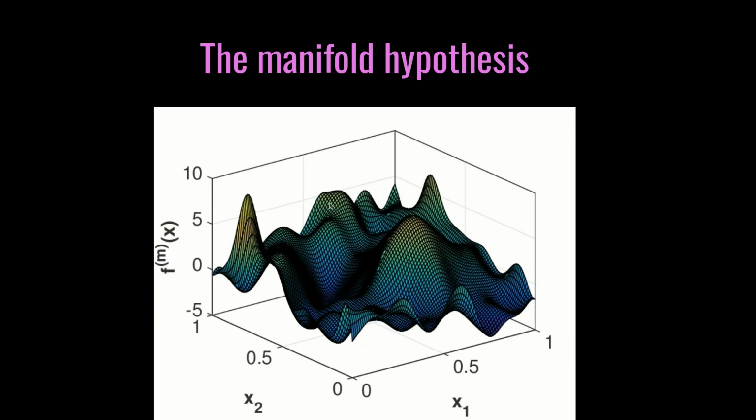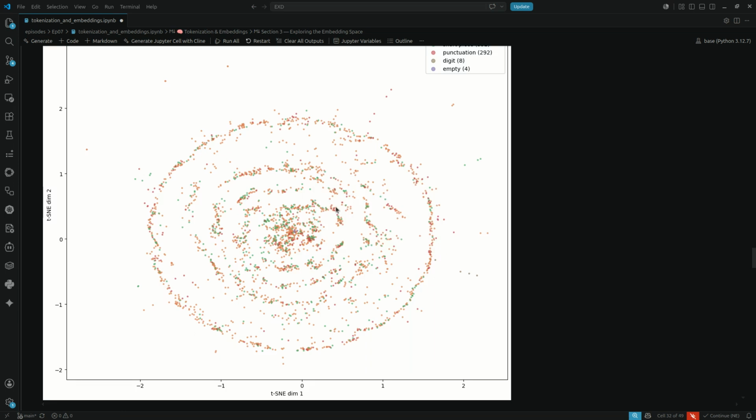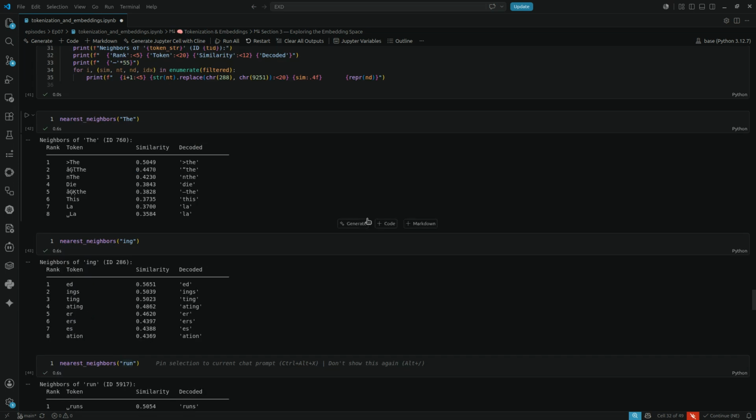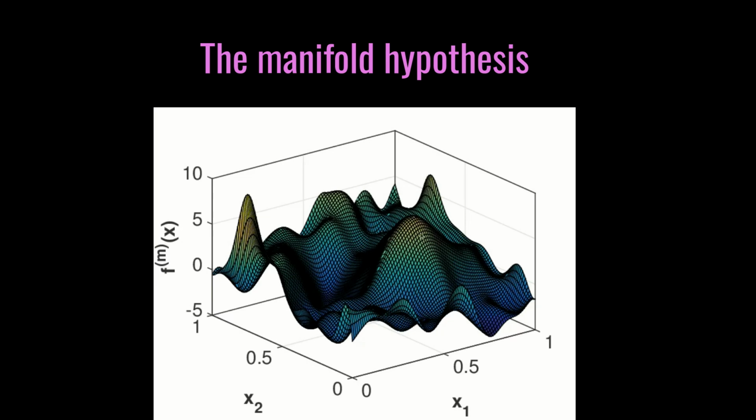And most of the points are here. And finally, we actually verified that, listen, are similar words neighbors of each other? So not only do we know that the points are distributed like this, but we also verified that maybe the is here and D and la are points which are quite close to it. Very cool.